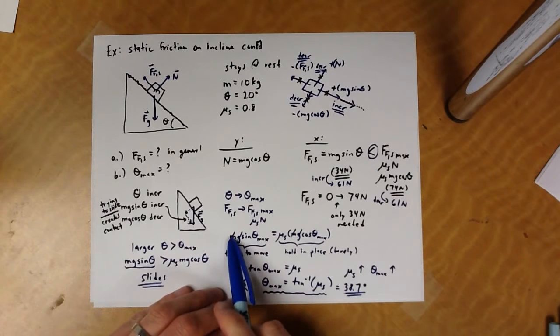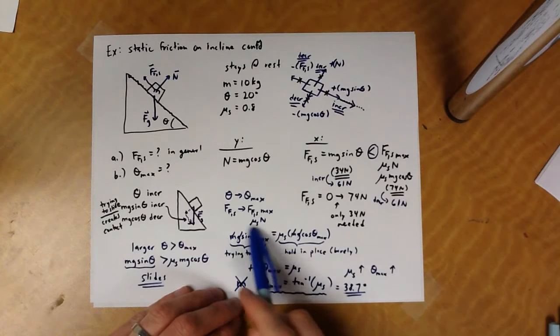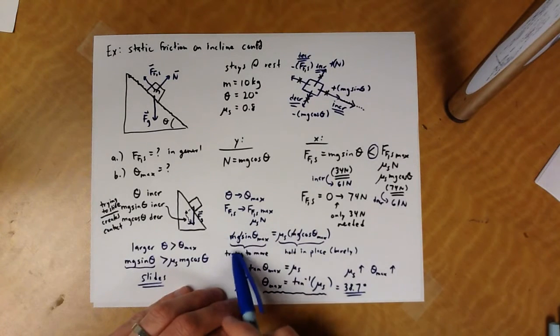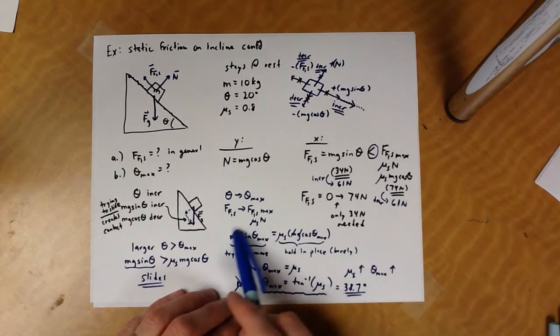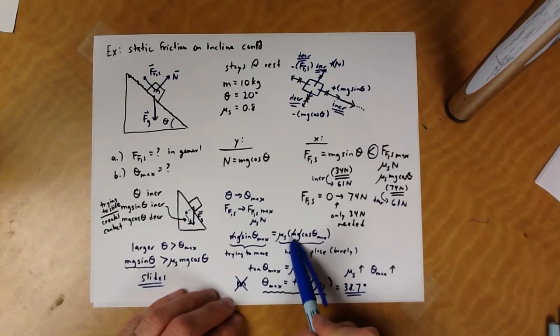If you have more mass, then the force trying to move you down slope is bigger, right? Mg sine theta is bigger if m is bigger. So you might think, okay, that means that if you have more mass, then the force trying to move you is larger. Shouldn't that mean that you slide easier? Well, where did that mass cancel? It cancels with this mass.